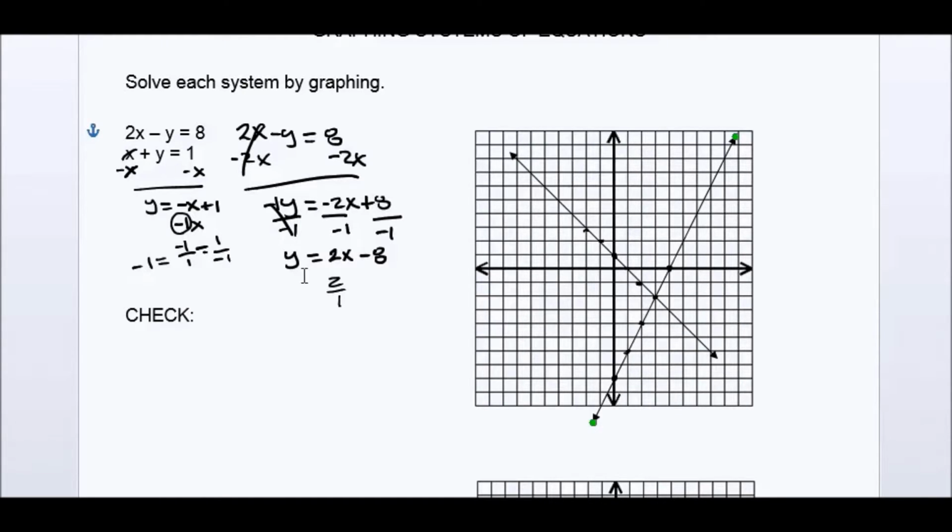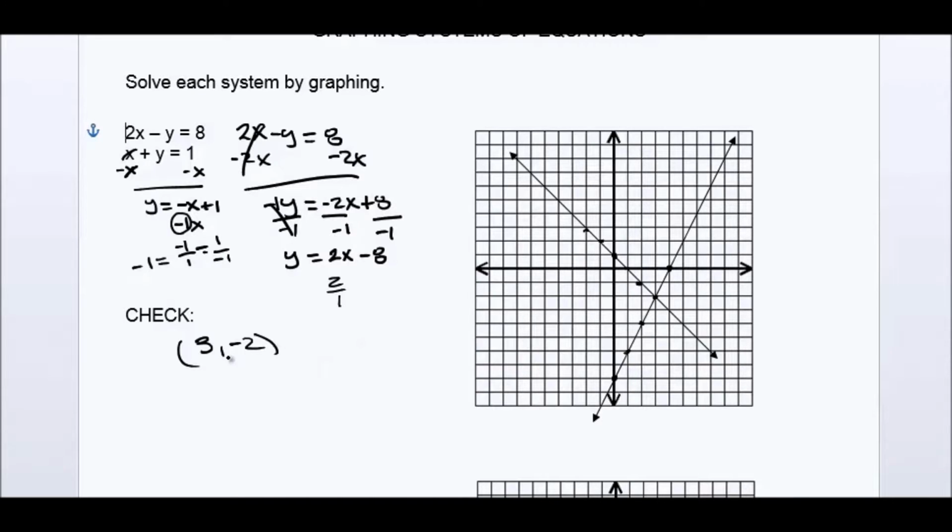And what is that point? Well, we start at the origin, 1, 2, 3. So our x coordinate is 3, and our y coordinate is negative 2. The point of intersection is 3, negative 2.